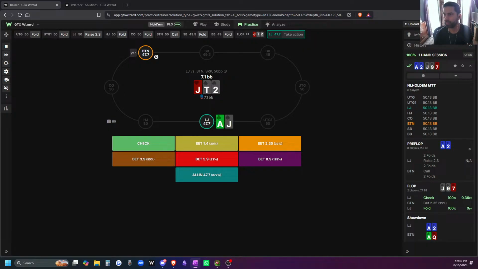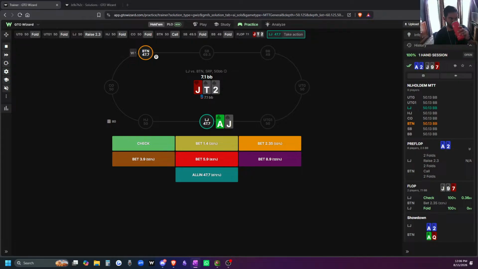I would have to go too large, and when it's this dynamic, you probably don't want to always do that immediately. So I like check raise, letting us kind of stabilize a little bit because we have the spade. Let's see, high RNG.